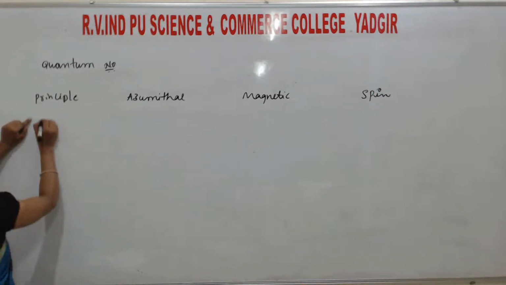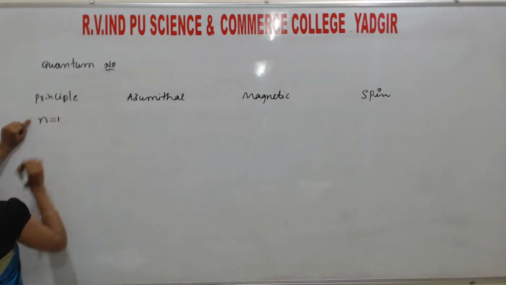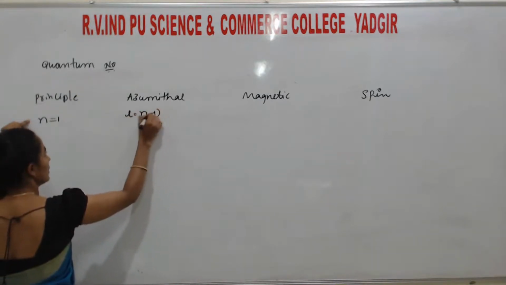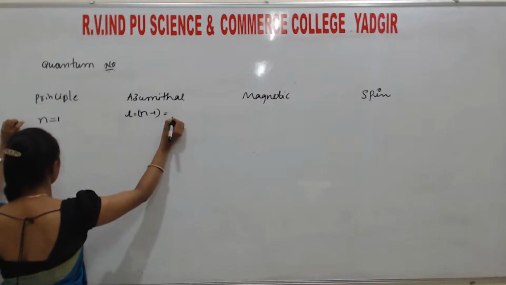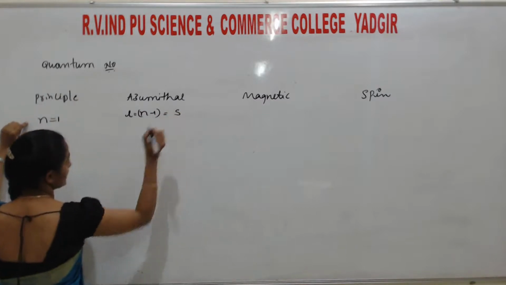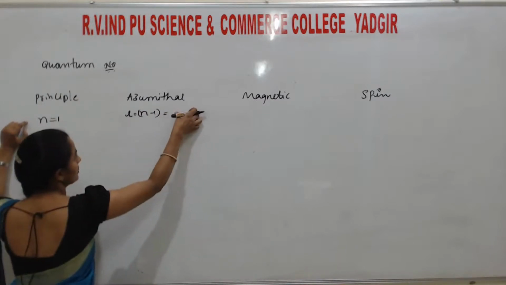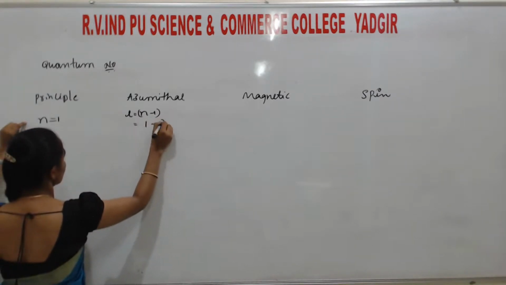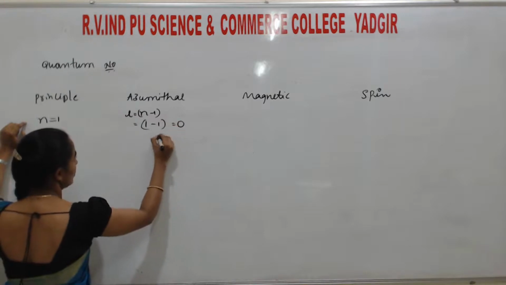Okay, principal quantum number, if n is equal to 1, l is equal to n minus 1, that is 1 minus 1, which is 0.